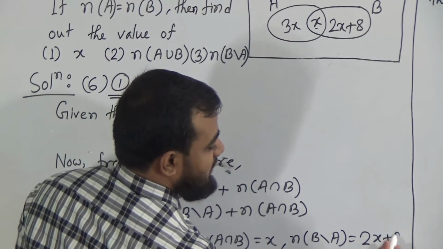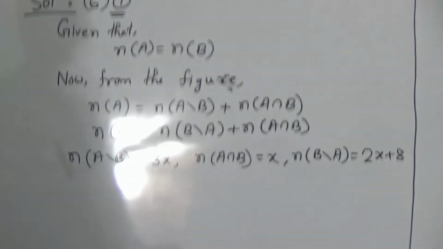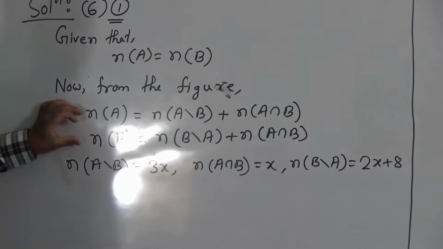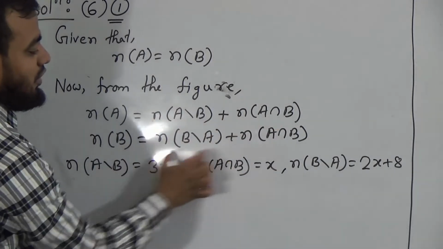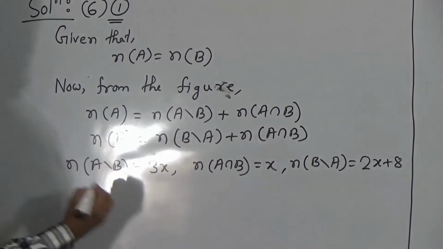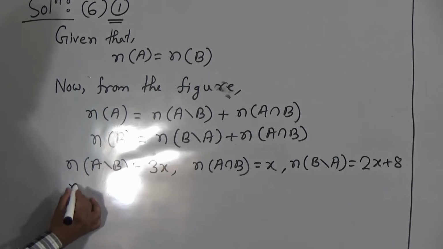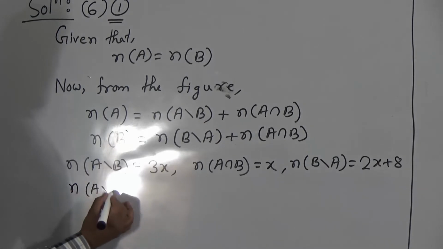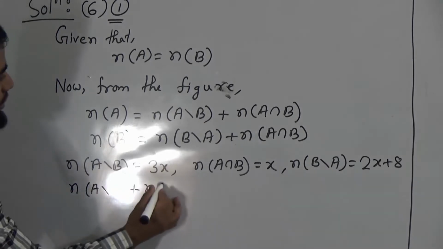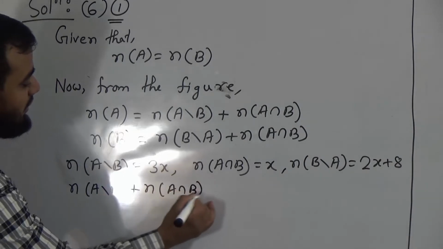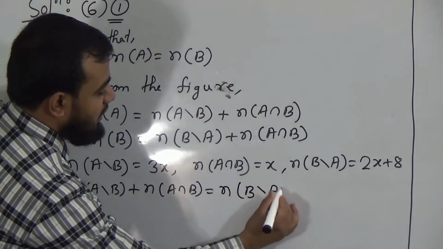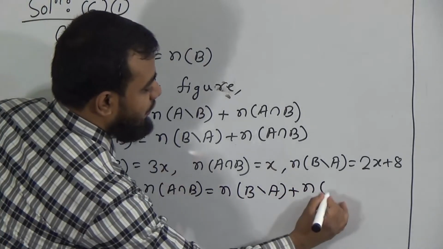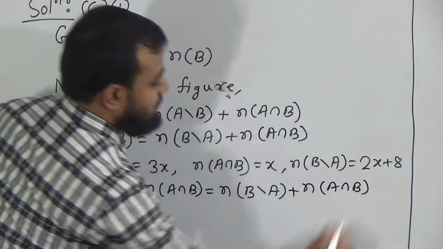Twice X plus 8. Now we can put the values. n of A and n of B are equal to each other, so we can write these two expressions as equal to each other. So we can write: n of A delete B plus n of A intersection B equals n of B delete A plus n of A intersection B, my dear students.